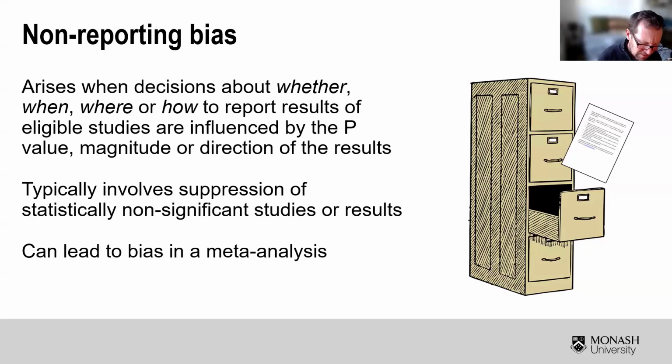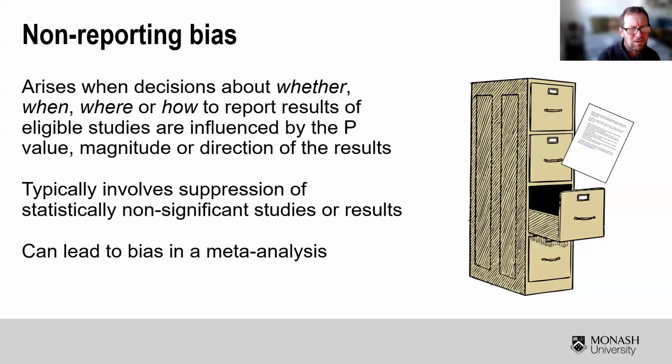And the broadest description of the idea is that we can get bias arising from non-reporting of study results when decisions about whether, when, where, or how to report results are influenced by their results, often the p-value and specifically statistical significance, or more generally the magnitude or direction of results.